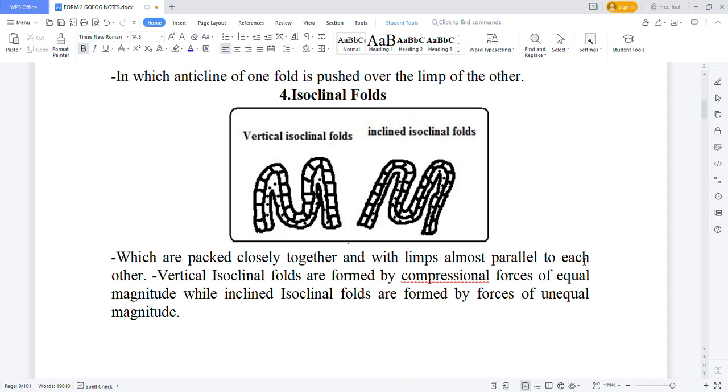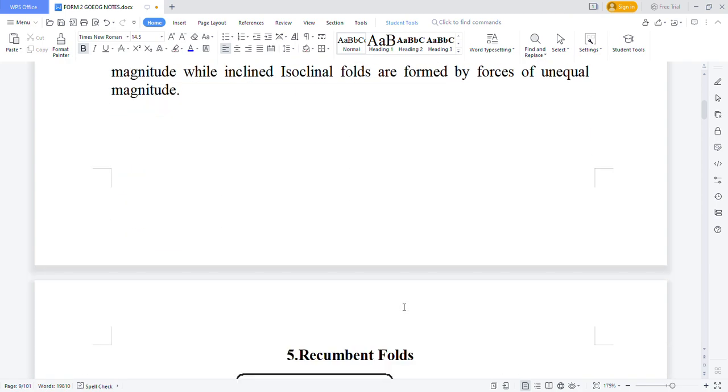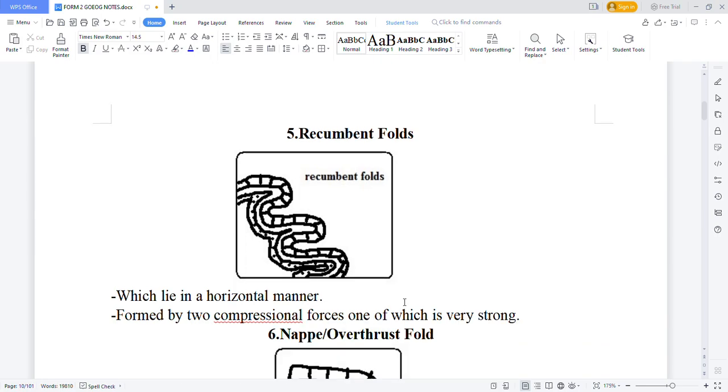Vertical isoclinal folds are formed by compressional forces of equal magnitude, while inclined isoclinal folds are formed by forces of unequal magnitude. Kindly get to understand what we are talking about.